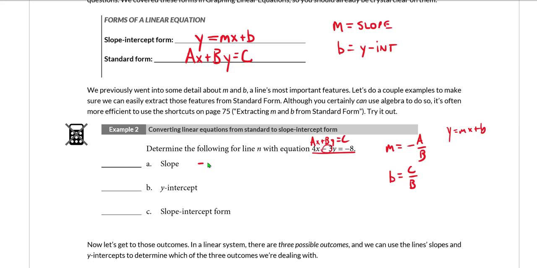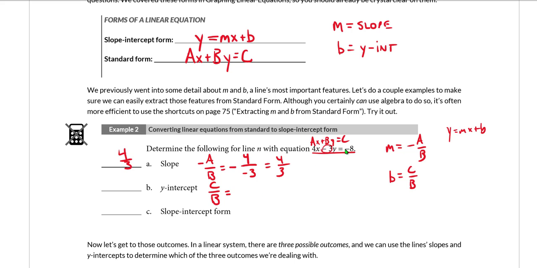So we are going to do, for slope, negative a over b, which is negative 4, that is the a, over negative 3, which equals 4/3. So the slope of this line is 4/3. The y-intercept, again, that is c over b.